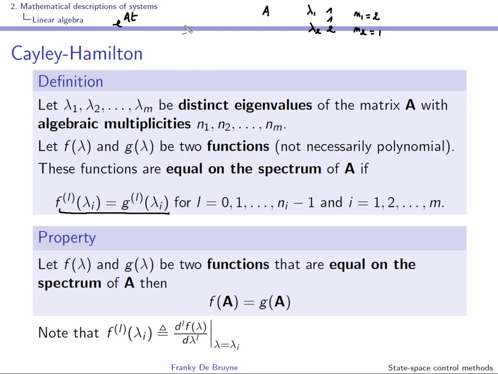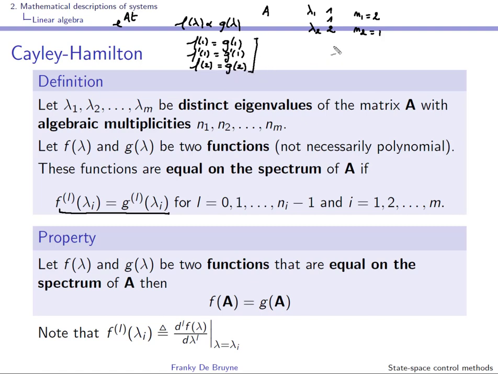Okay, then we can say that f(lambda) and g(lambda) are equal on the spectrum of A if f of 1 is g of 1, the derivative of f with respect to lambda evaluated in 1 is equal to the derivative of g with respect to lambda evaluated in 1, and then we have f of 2 is equal to g of 2.